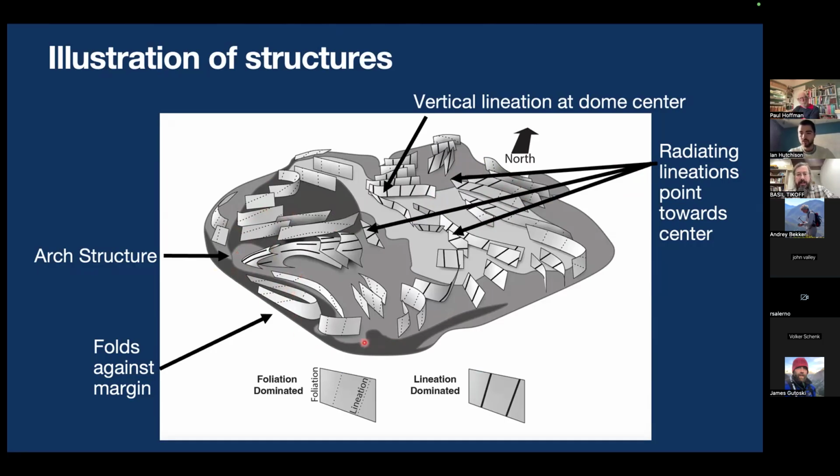Against the margin in the old stuff, like the Tambina, you get these folds that are occurring, and that's associated with deformation, but that deformation is almost certainly caused by the later intrusions of the magma. So in other words, there's sort of an earlier phase that's getting plastered against the margins as these younger suites come in.